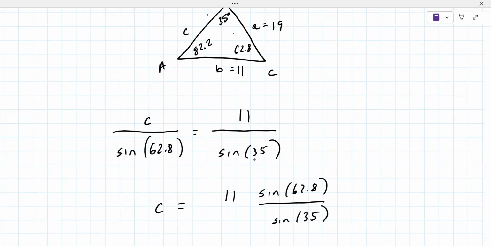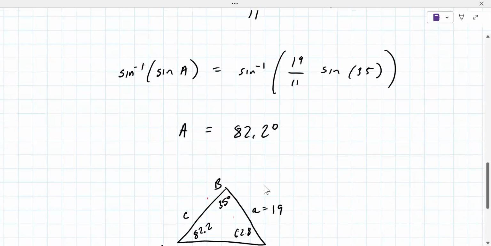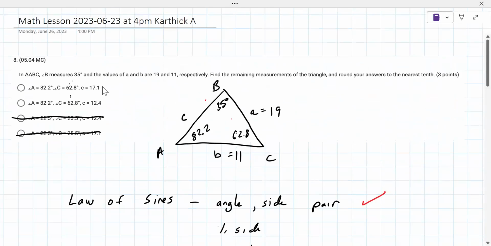And then you can go to your calculator to figure that out. I got 17.05. So that should match up with one of them. 17.1 there. So there's your answer. Yeah, that makes a lot more sense.